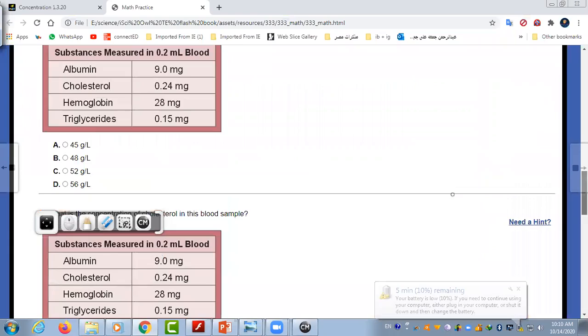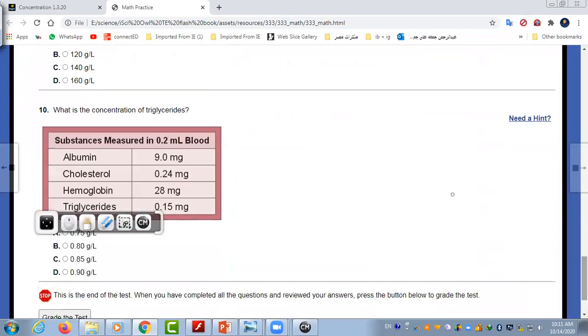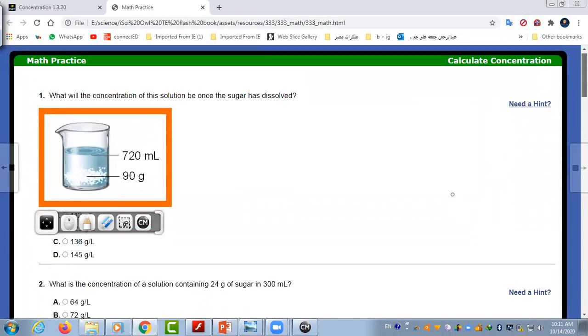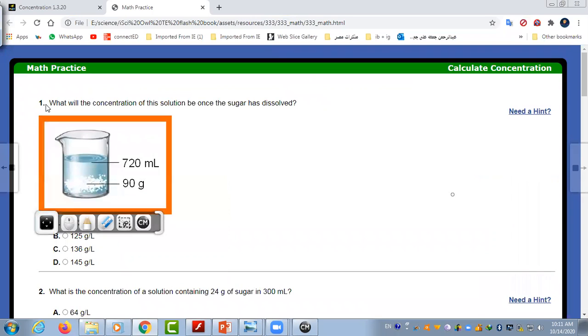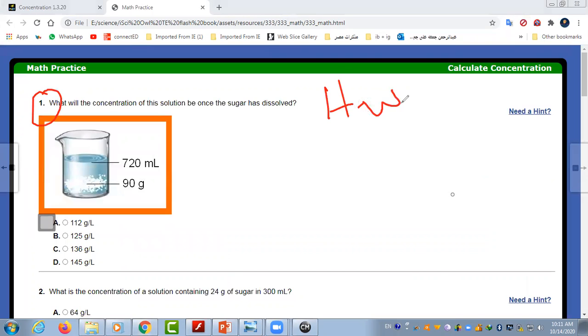We have a lot of questions about concentration here. Question number one is homework. It is the same idea: we want you to calculate concentration. So all the class, this is your homework. Tomorrow, inshallah, you have to send me the answer on chat like today.